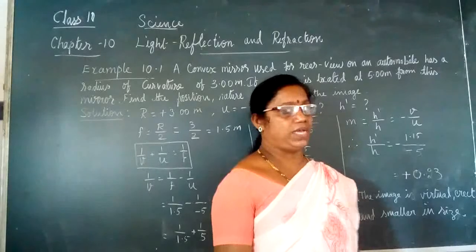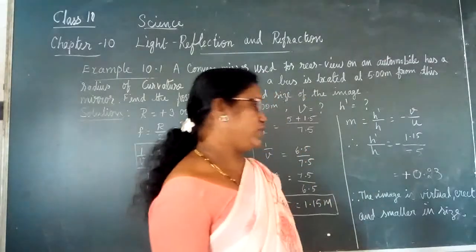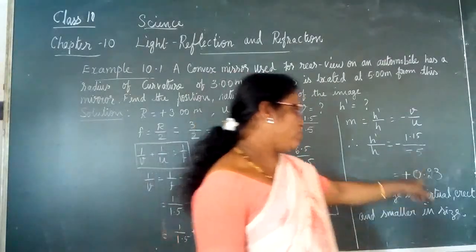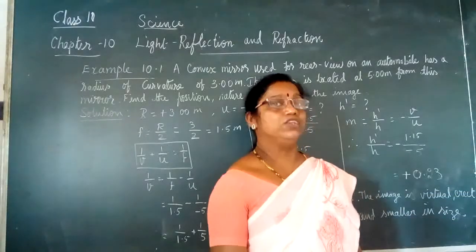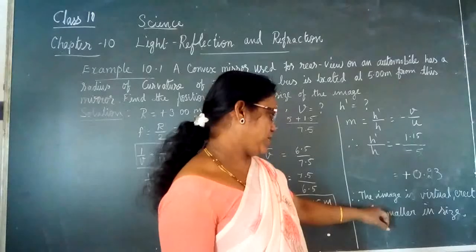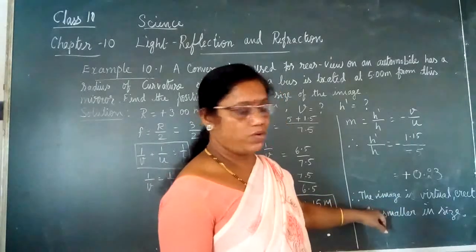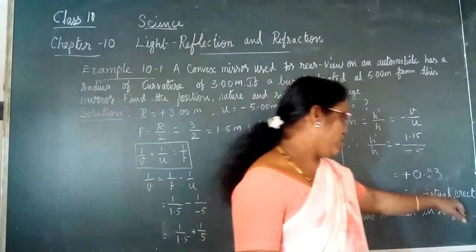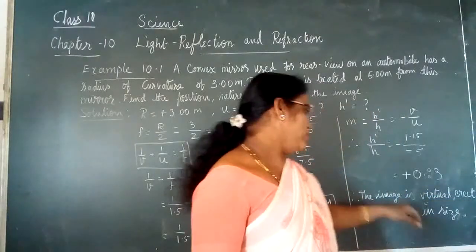Hence, from this we can say that the size of the image is 0.23 times smaller than the size of the object. Hence, we have got the image virtual, direct and smaller.